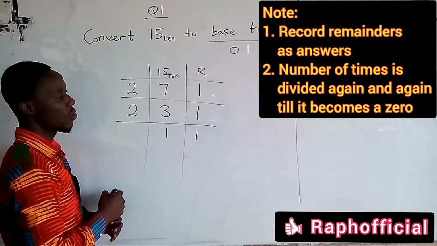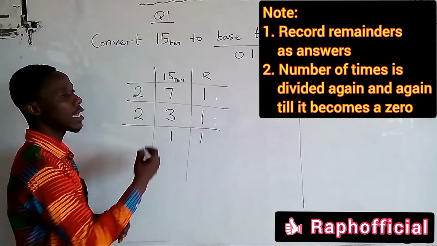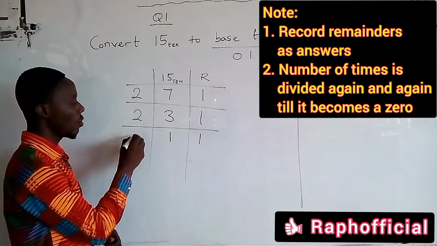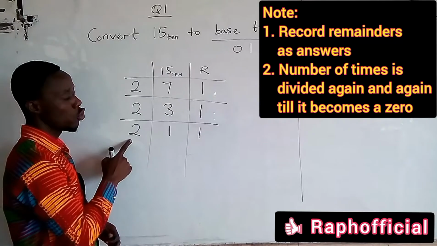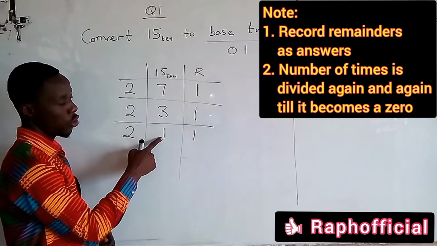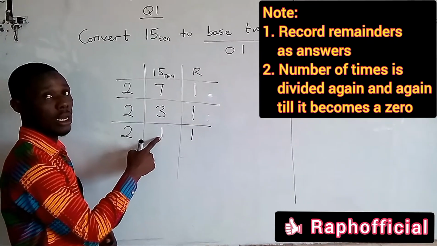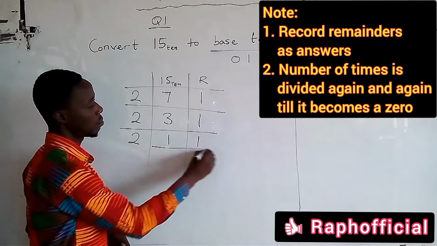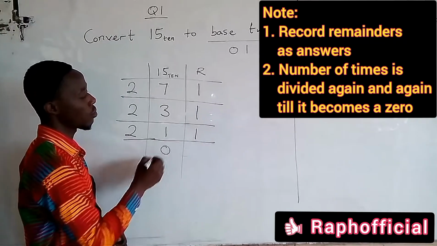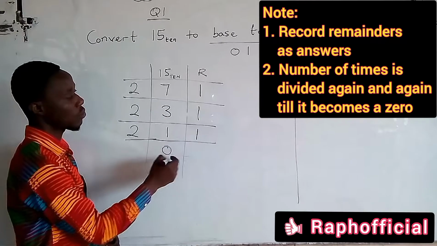We have to divide again until there is none left at all. So 2 into 1 is 0, and the remainder becomes 1.